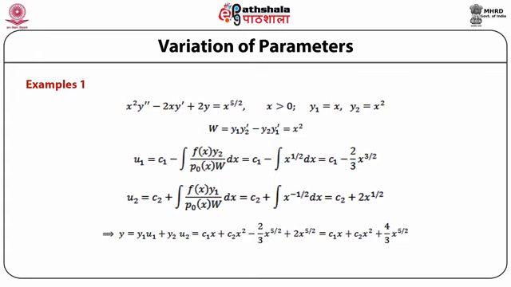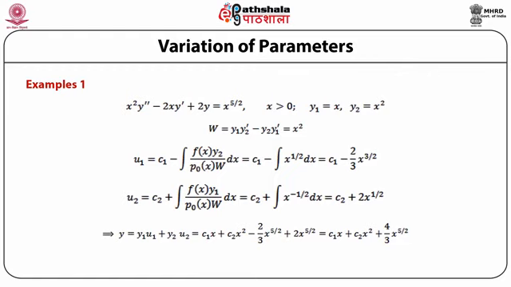will be equal to c1 minus integral of x raised to power half dx, which results in giving u1 to be equal to c1 minus 2 by 3 multiplied by x raised to power 3 by 2.